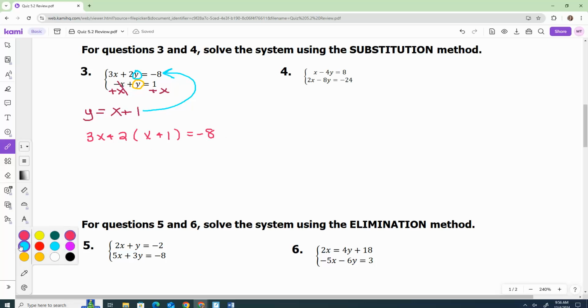If you struggle keeping things lined up, draw your vertical line down. I notice that's helping a few of you. So if we distribute our 2, we get 3x plus 2x plus 2 equals negative 8.